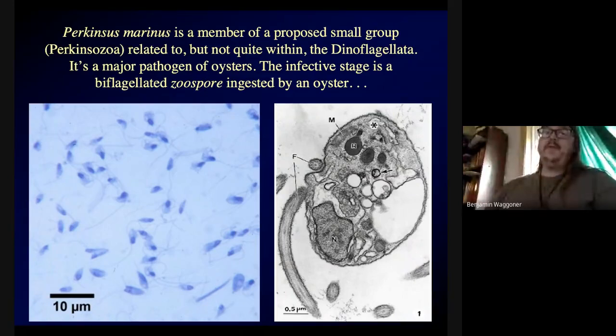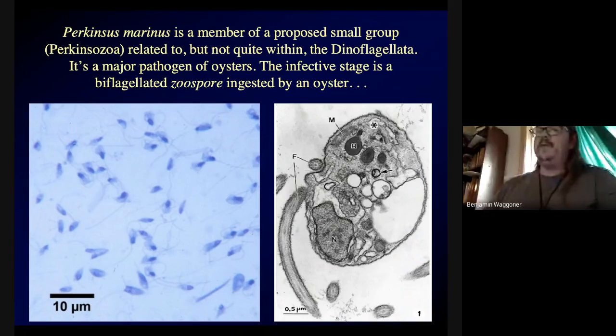I don't know how you folks personally feel about oysters, but they are a pretty major seafood product. Most oysters these days are farmed, and that's a billion-dollar industry. So anything that affects oysters has the potential to have some pretty bad economic fallout.